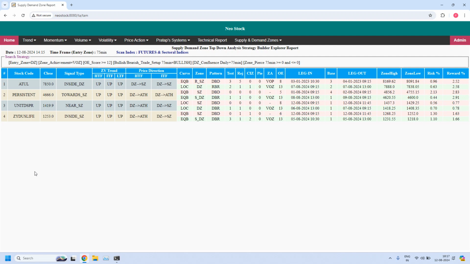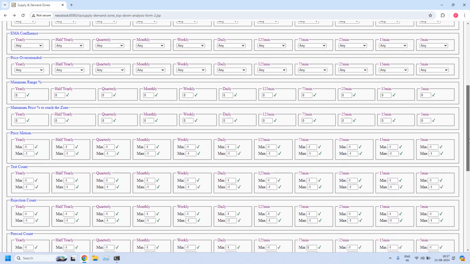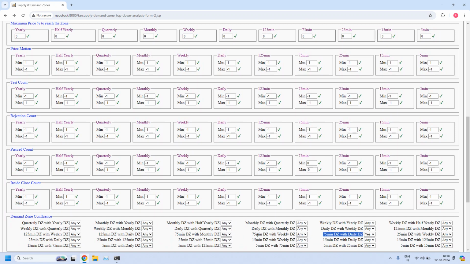Now out of these 4, how many are having confluence with HTF? HTF is weekly, so we will verify weekly confluence also. So 75 minutes demand zone with weekly, and also daily demand zone with weekly.